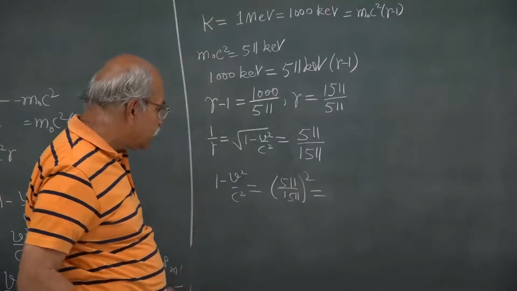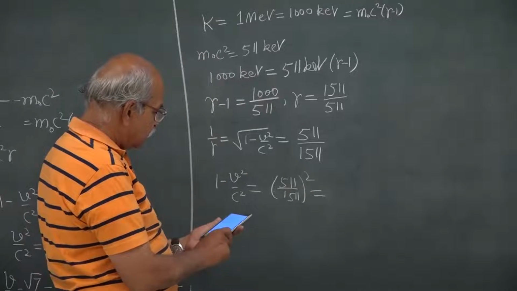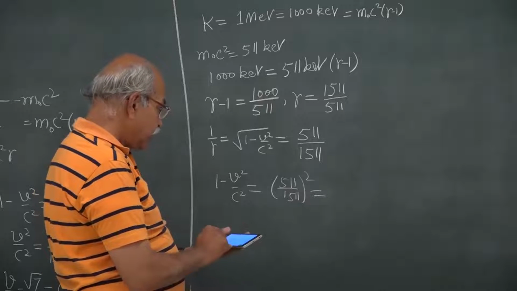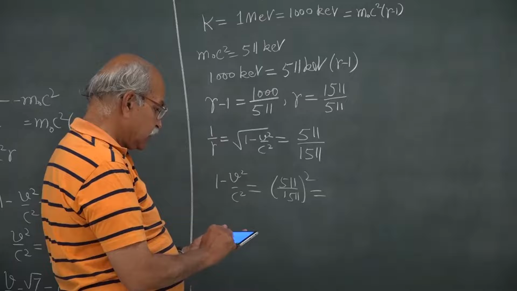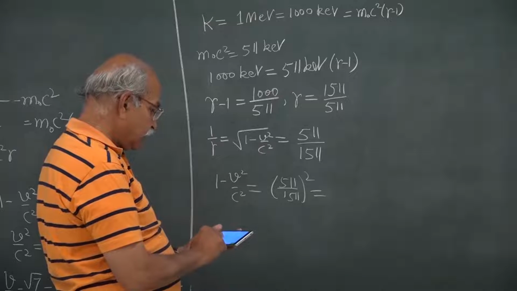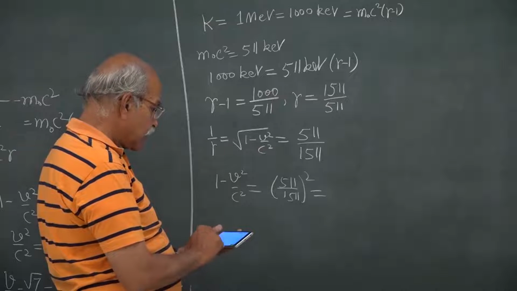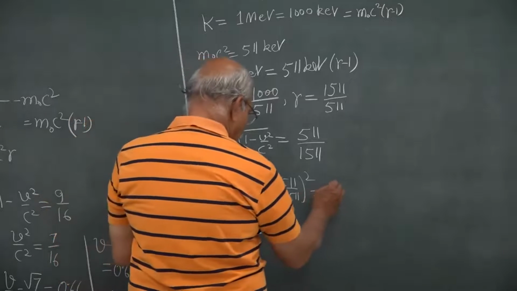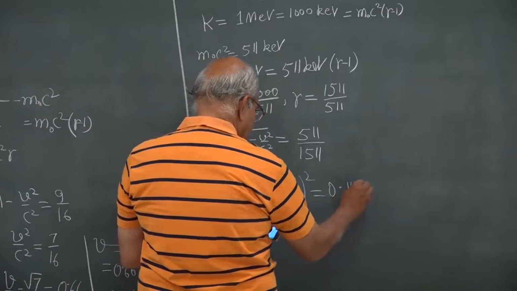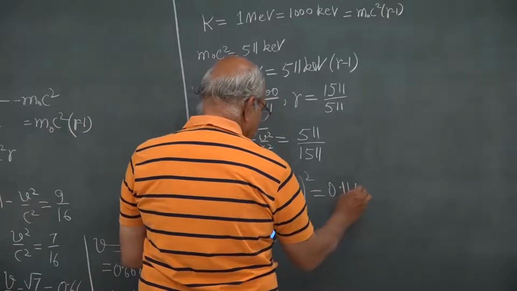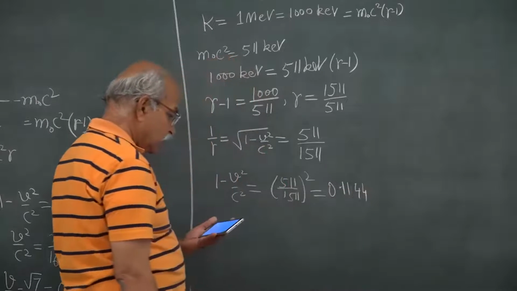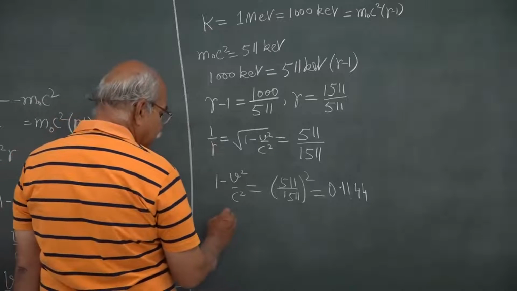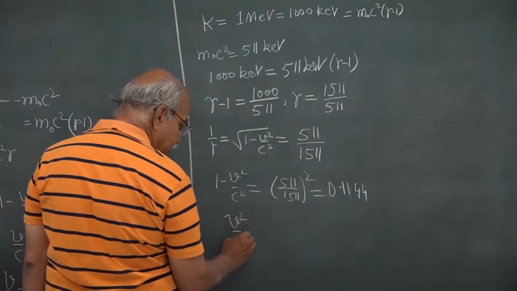So if I do that on my calculator, what do I get? 511 divided by 1511 and then square of this, that is 0.11437 or so. So let us write 0.1144.